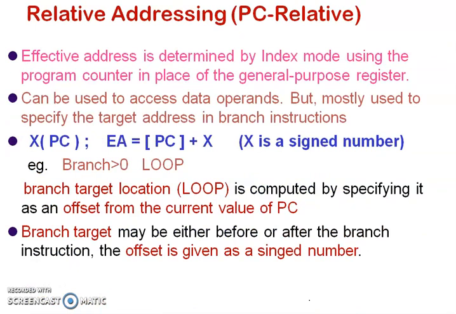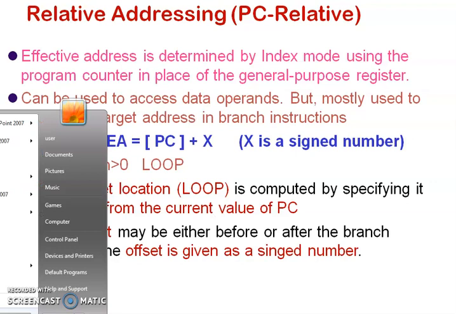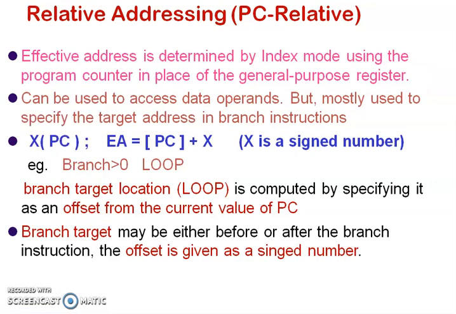Next is relative addressing mode. The effective address is determined by the index mode using the program counter in place of the general purpose register. It can be used to access data operands, but it is mostly used to specify the target address in branch instructions. Okay, how it is represented in the instruction is like this: we make use of the program counter in place of the register.